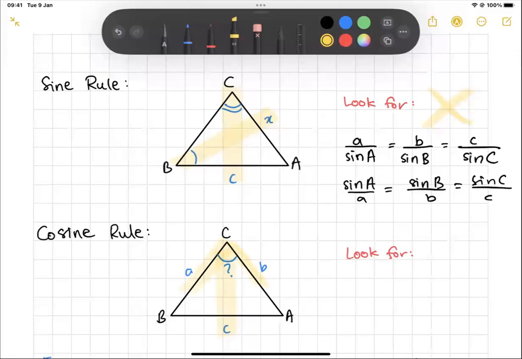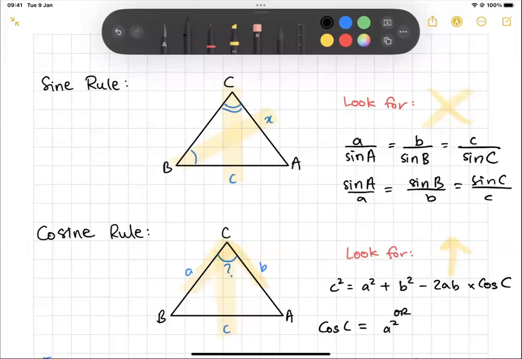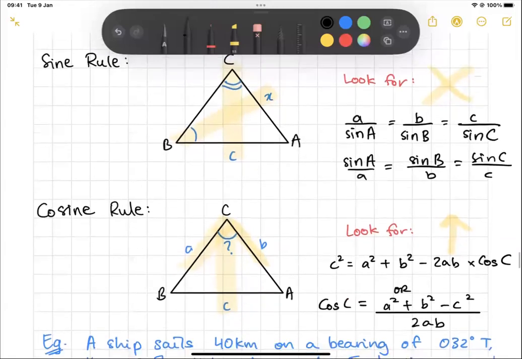And it looks like I need to look for an arrow. If I see an arrow, that means I use a cosine rule. Cosine has two different types of formulas. The first one is c squared equals a squared plus b squared minus 2ab times cos C, or cos C equals a squared plus b squared minus c squared all over 2ab. So two formulas for cosine, and I need to look for an arrow.